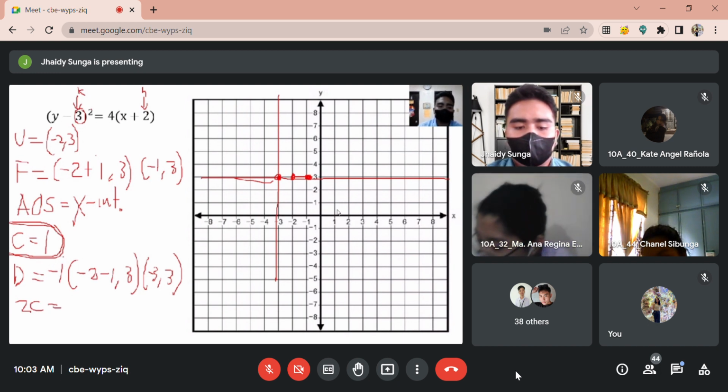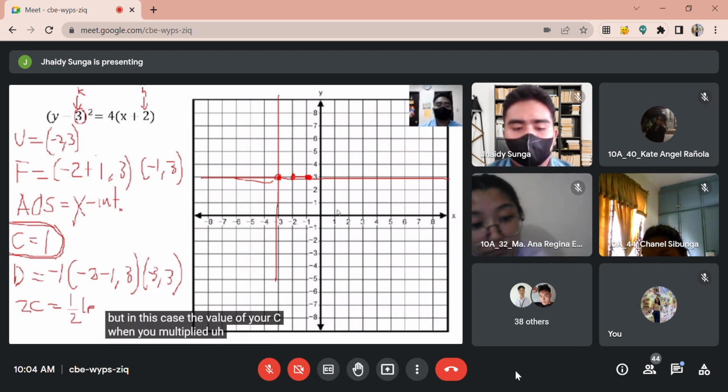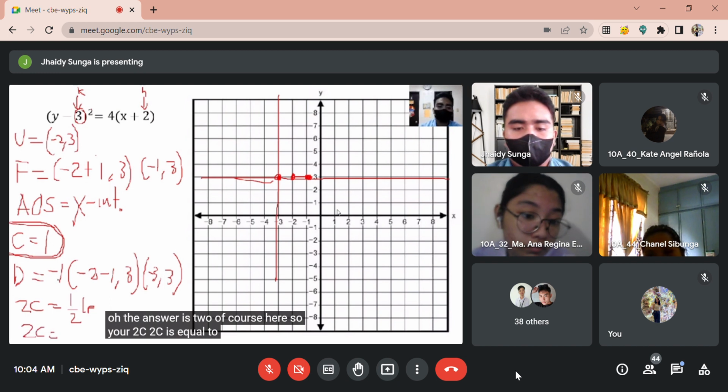That is just the statement that we could simply have 4c in total. But in this case, when you multiply the value of your c by 2, what's the answer? The answer is 2, of course. So your 2c is equal to 2.